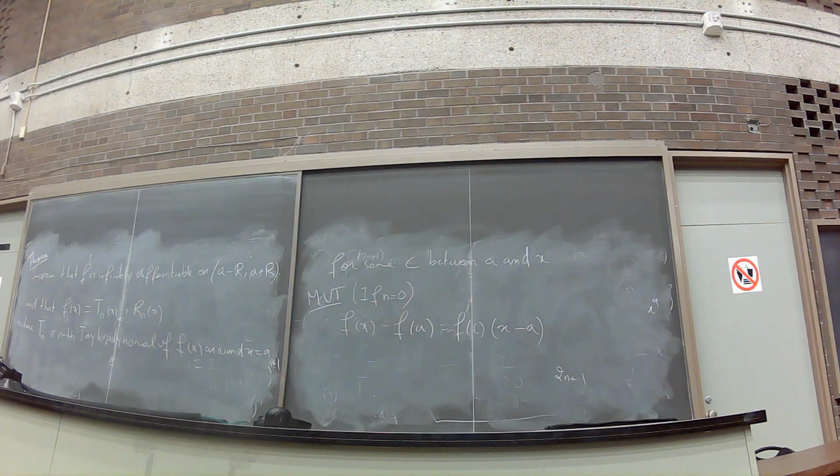Suppose that f is infinitely differentiable, and that f of x equals Tn of x plus Rn of x, where Tn is the Taylor polynomial.